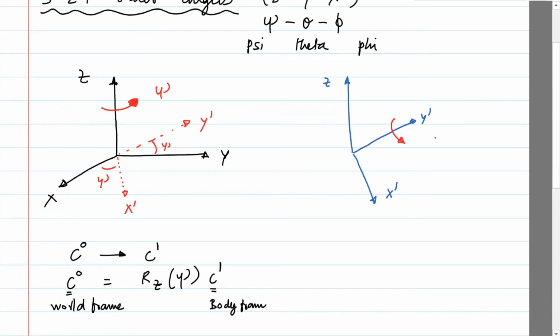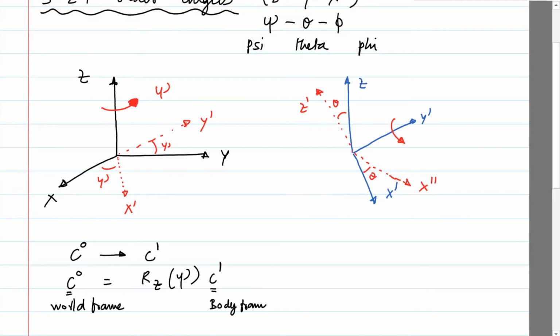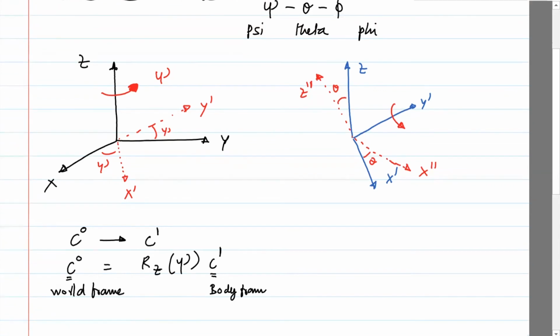So when you rotate it, Y-axis will remain unchanged. However, X-axis will rotate. And as I said, this may not be meaningful, but I need to draw it changing a little bit. It's hard to draw in 2D, but this is going to be theta. So it'll be theta about the previous axis, so Z. So I need to call it Z double prime corresponding to the second rotation.